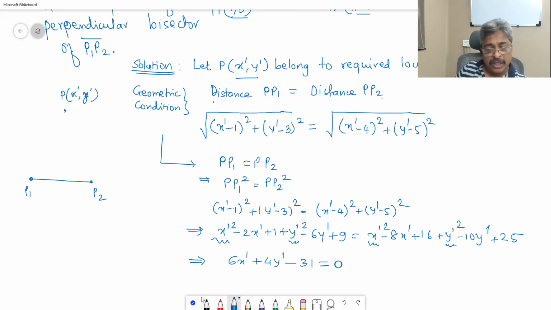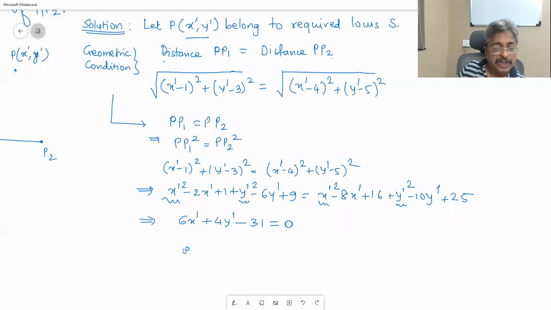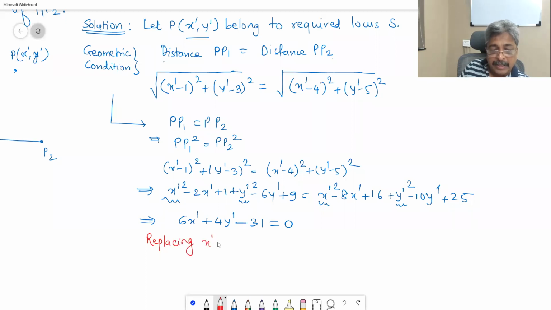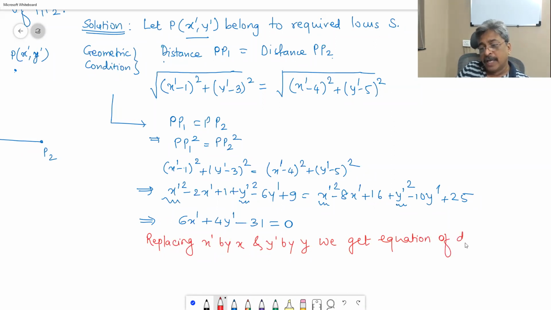So after doing your algebraic calculations, the last few steps here, this is another very important line: replacing x dash by x and y dash by y, we get equation of desired locus S. That means we get equation of S. Presently the locus is perpendicular bisector, which is our straight line.